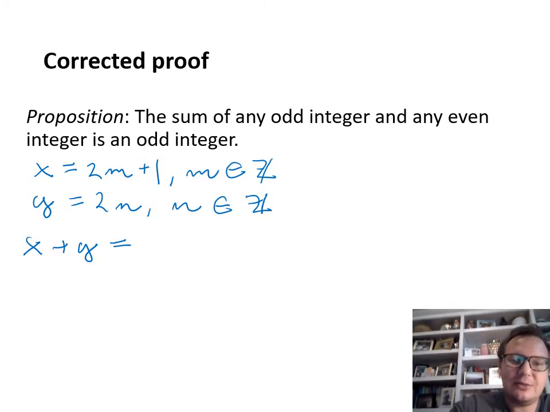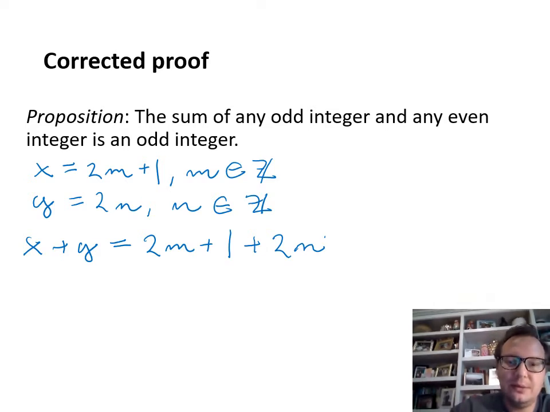So x plus y is going to be equal to 2m plus 1 plus 2n. So that is equal to, let's group these things a little bit differently because we want to get into the form that tells us that x plus y is odd.